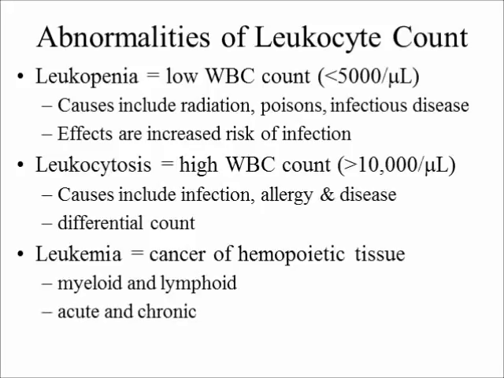Now the terms acute and chronic refer to, is this going to be chronic, long-term, low problem, or acute, where it develops really fast. Acute would be bad because for that one, the onset to death is just a matter of months. Chronic might be several years.